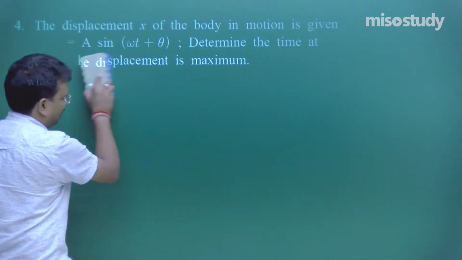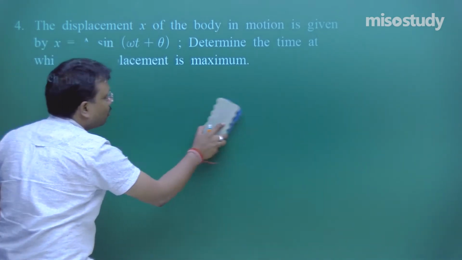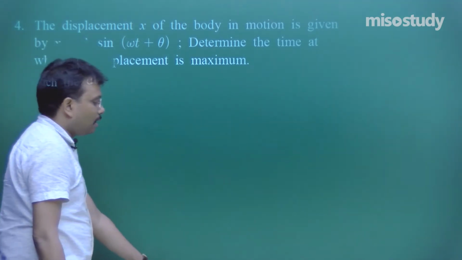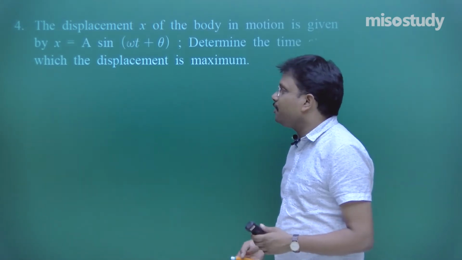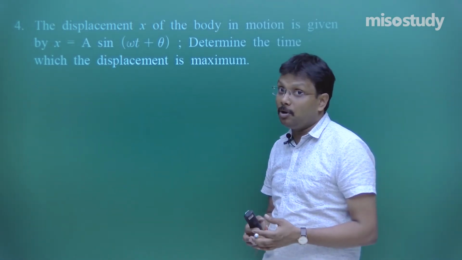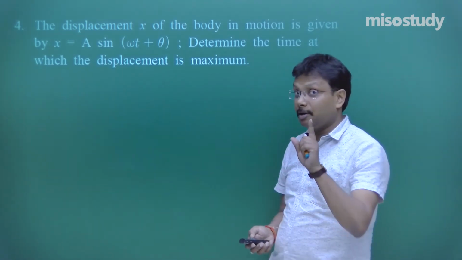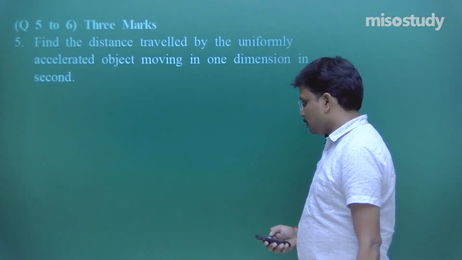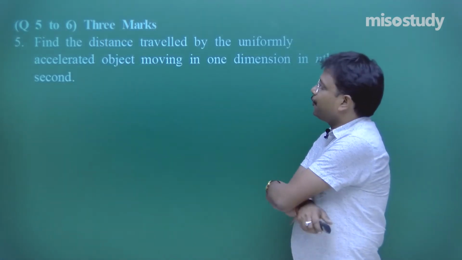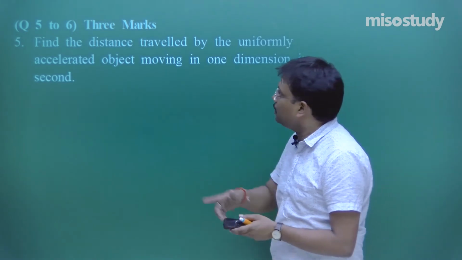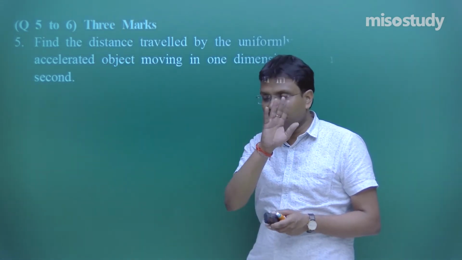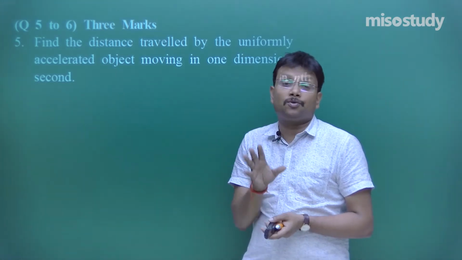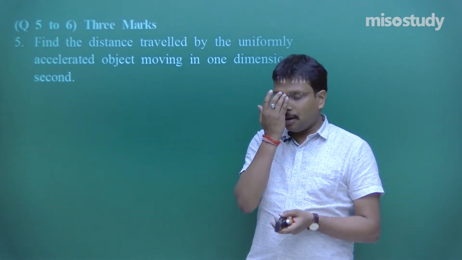The reason is simple. If on a 2-mark question you use a lot of time, then obviously you will be in great trouble. Time management is utmost important. Then students, comes the 5th to 6th question. Again, the instruction. Now why do I mention these instructions? The reason is simple: normally 60 to 70% of students commit this mistake.